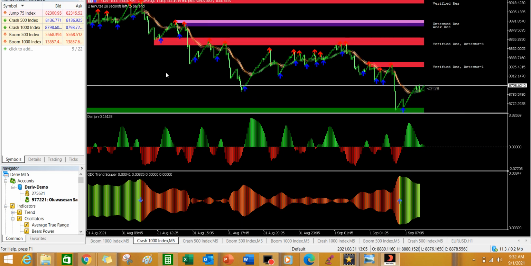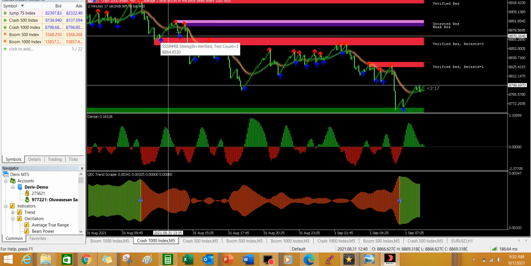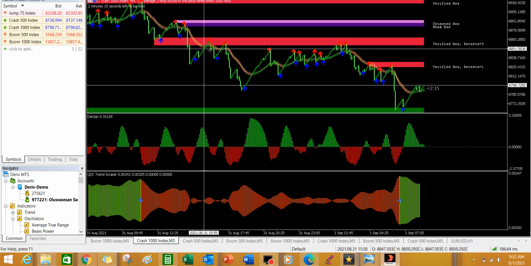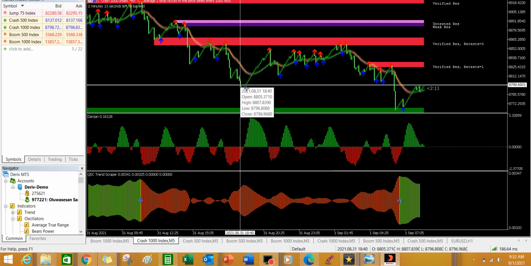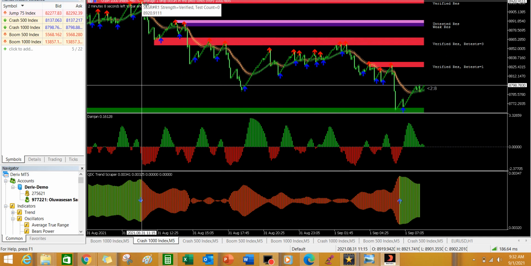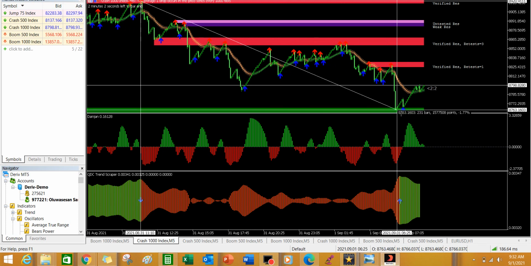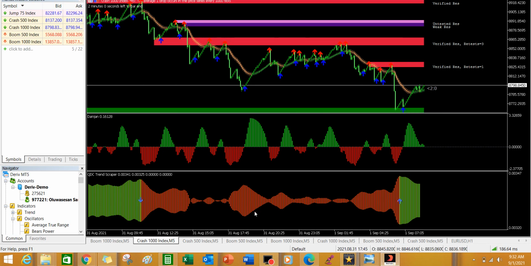Let's check out Crash. You can see that Crash started crashing right from this resistance zone, and you can see this is another resistance zone. Here is another resistance zone, and it started crashing around here. If you notice, we have more crashes happening around here because we are on a downtrend.